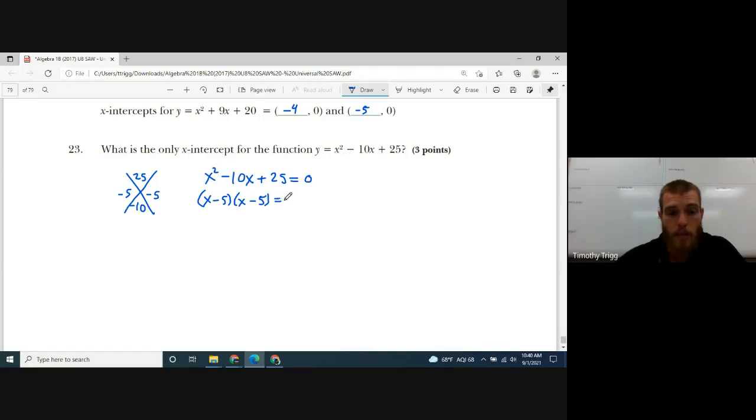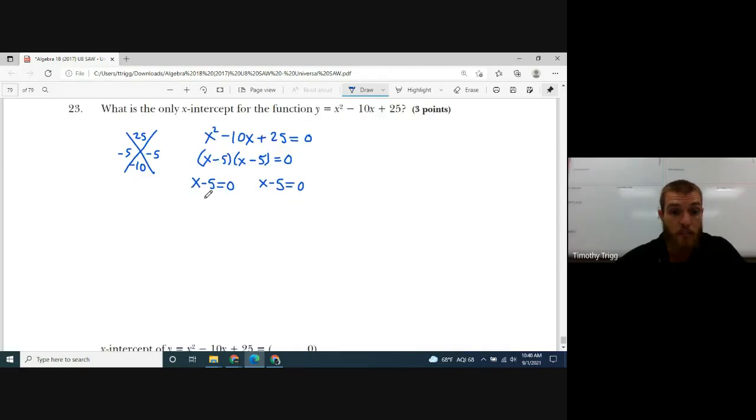And we set it equal to 0. Set each of these binomials equal to 0. And hopefully you notice that both of these are going to give us the same answer, aren't they? We're going to add 5 to both sides. X is 5.